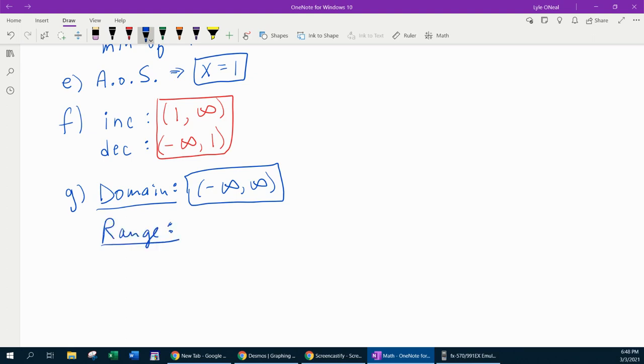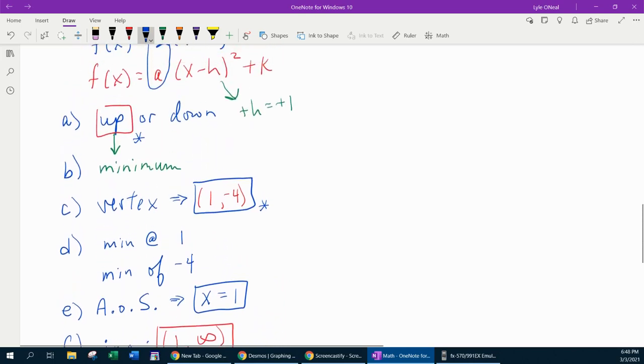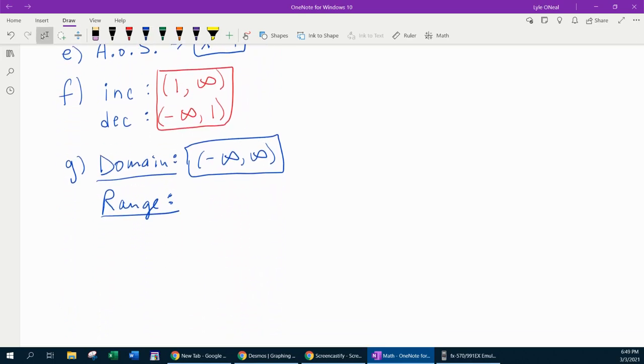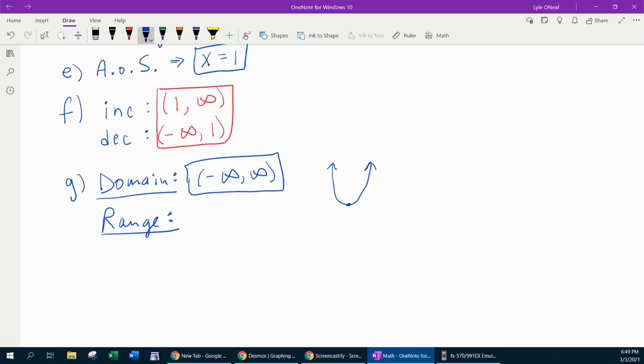And the range is going to depend on, again, the direction that the parabola opens, which is up in this case, and the vertex. So one more time, remember this parabola opens up with a vertex of 1, -4, and the range are the values that y can be.